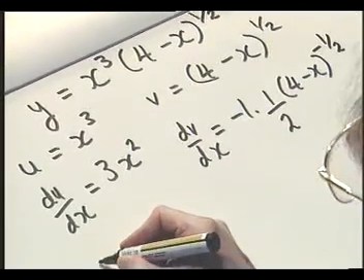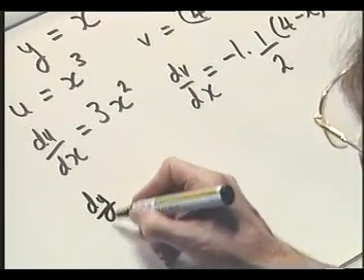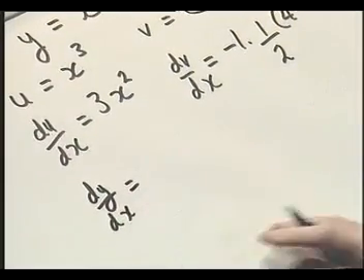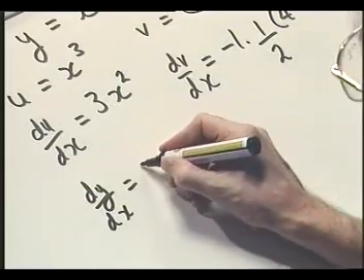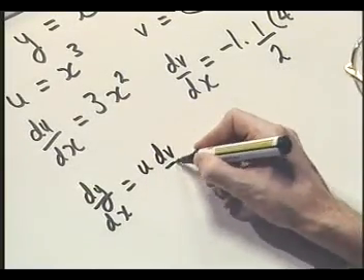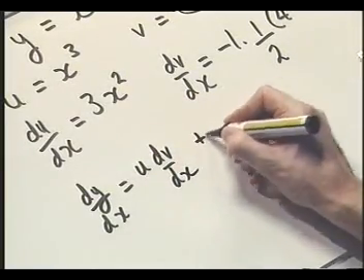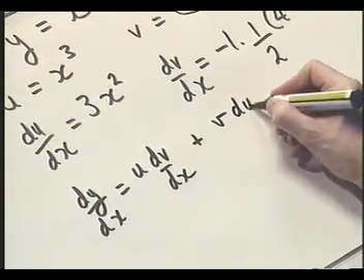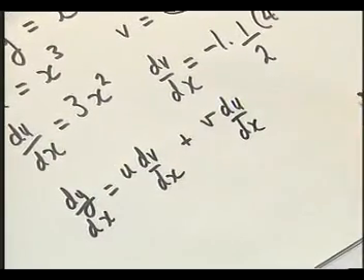Let's quote our formula. dy by dx is equal to, and we know that it's u dv by dx plus v du by dx.